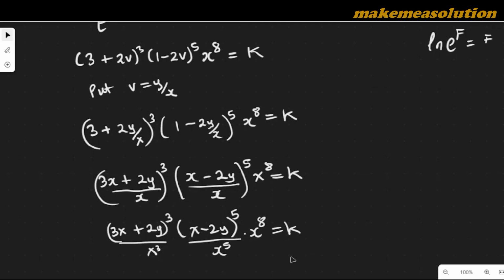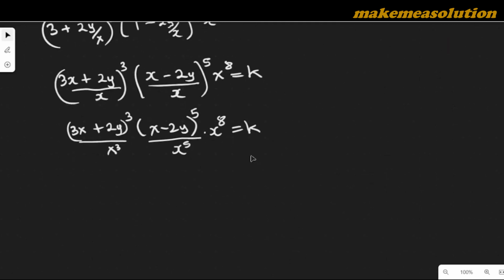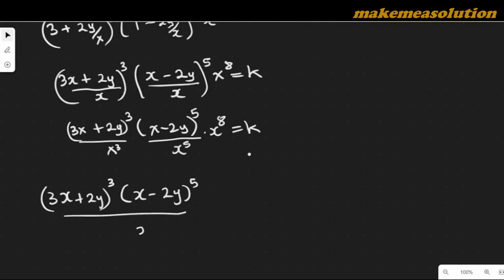So if you are familiar with the law of indices, then the denominator of the left hand side will be x raised to the power of 8, then x raised to the power of 8 equal to k.